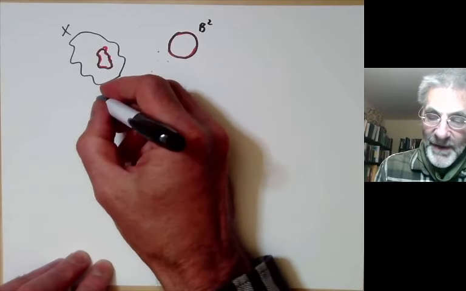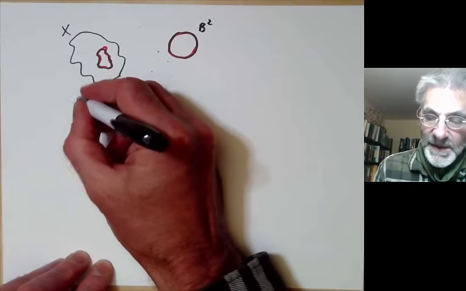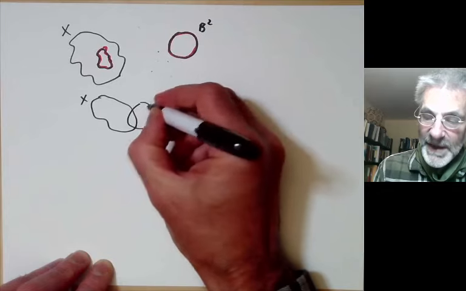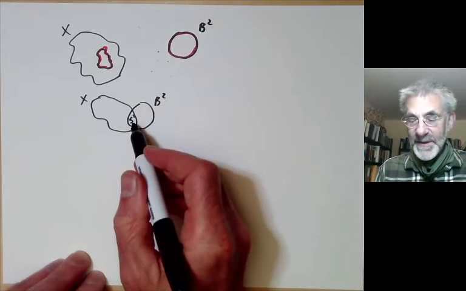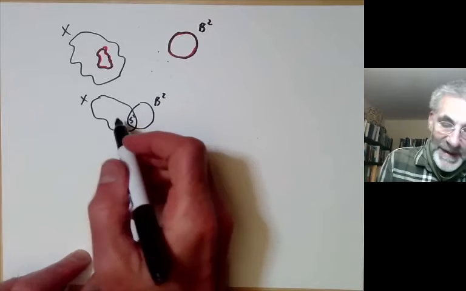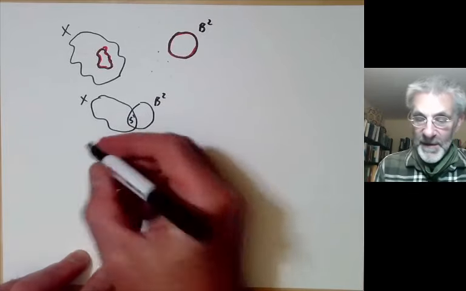Well, what we have here is a copy of X, and then a copy of B2 here, and their intersection is going to be a copy of S1. And we can use Van Kampen's theorem to work out the fundamental group of this.